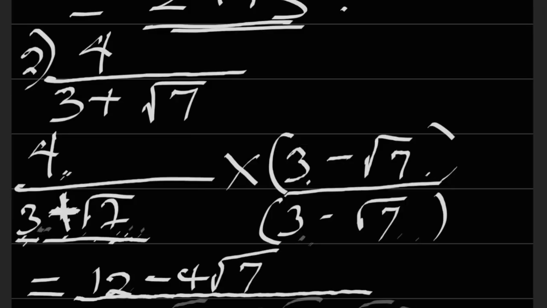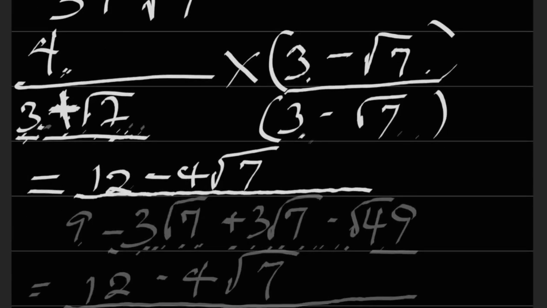All over 3 times 3 is 9. 3 times minus root 7 is minus 3 root 7. Plus root 7 times 3 will be plus 3 root 7.